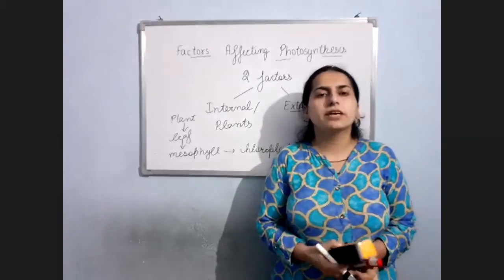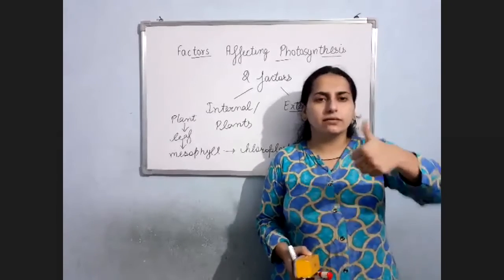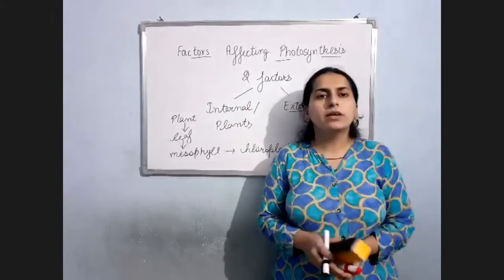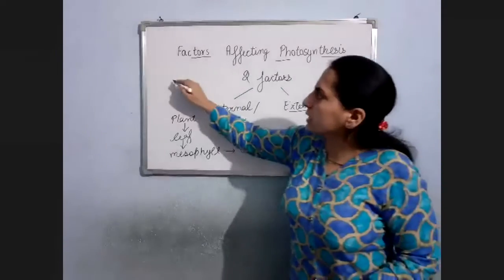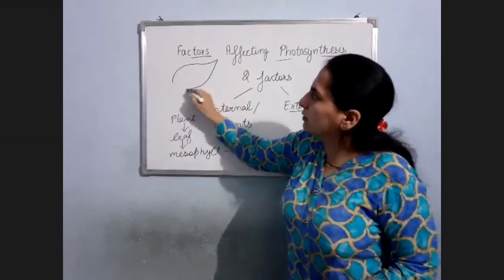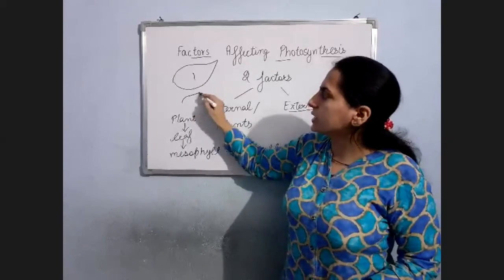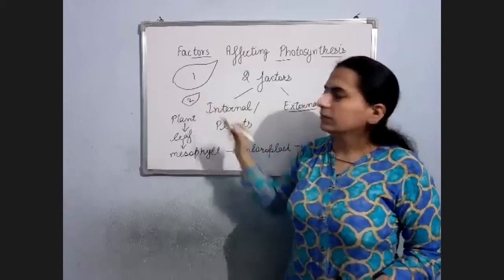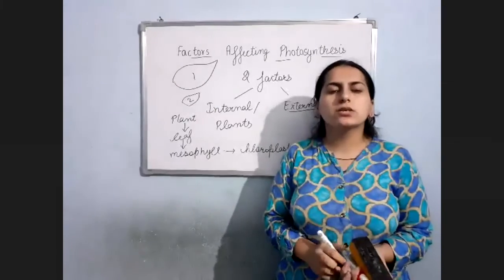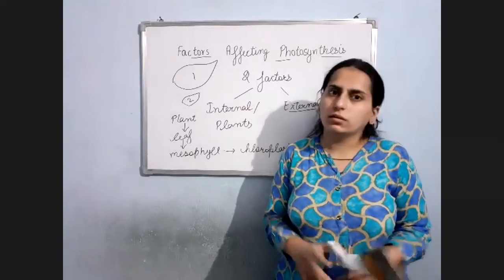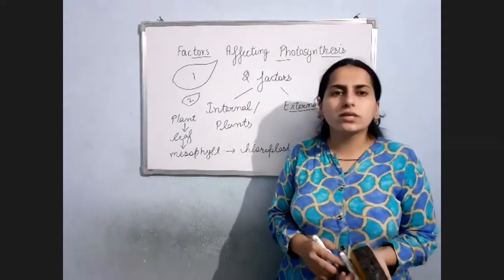First internal factor is size of the leaf. Now just think, if a leaf is of this size and there is a second leaf which is of this size, in which leaf would the process of photosynthesis be more? It's an obvious answer.